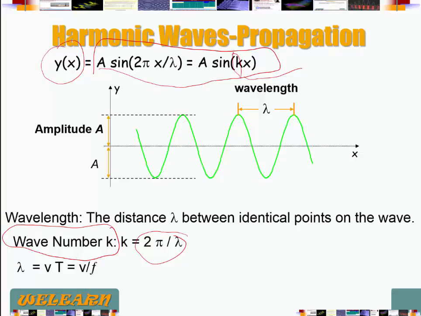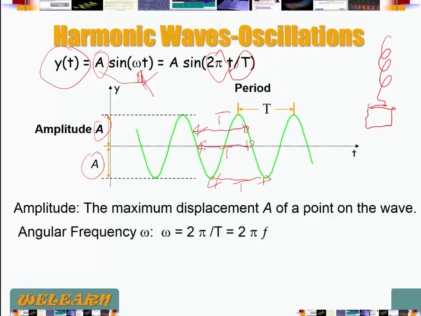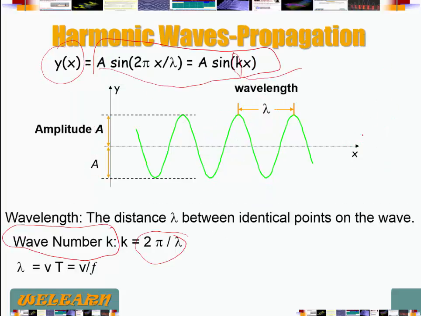Notice here, compare this to the other graph. There you have T. When we have time here, we have T here. Now we go back to this one. When we have position here, we have lambda here, the wavelength.